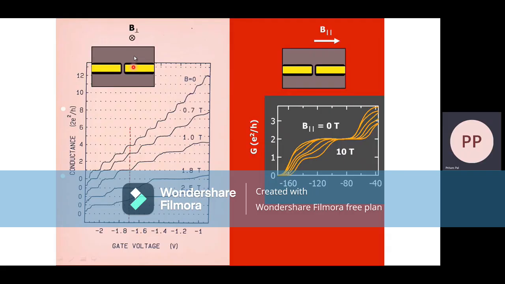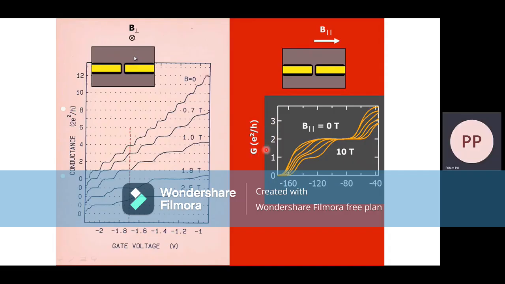So degeneracy has been broken, and the subband number essentially doubles because the spin up and spin down do not have the same energy, and therefore the conductance becomes quantized in units of e squared over h, right?